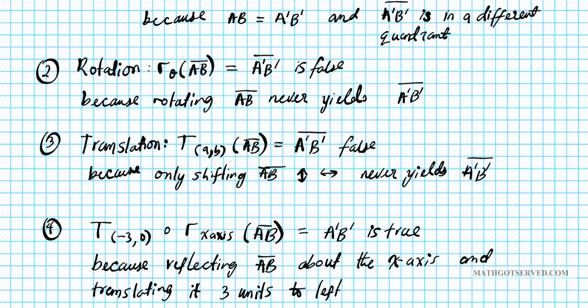It yields our image. All right, it yields segment A prime B prime. Okay, so the composition of two transformations is known as a composite transformation. In this case, translation and reflection are known as glide reflections.